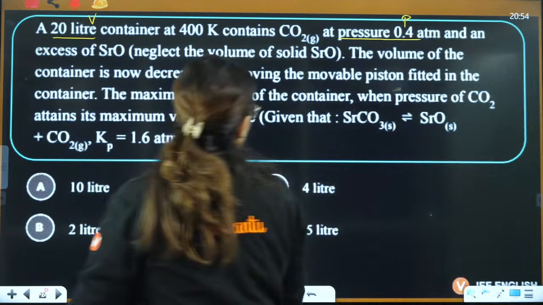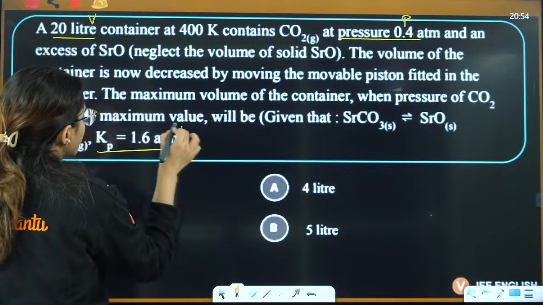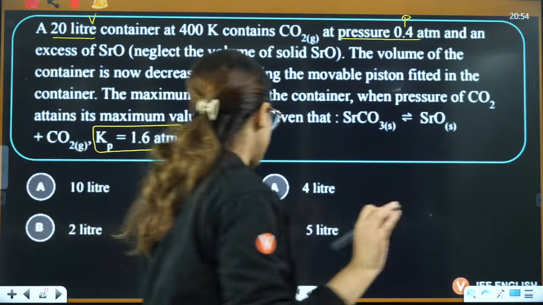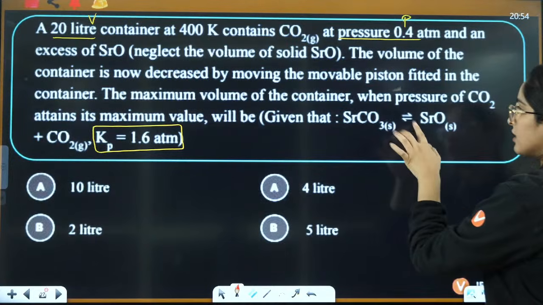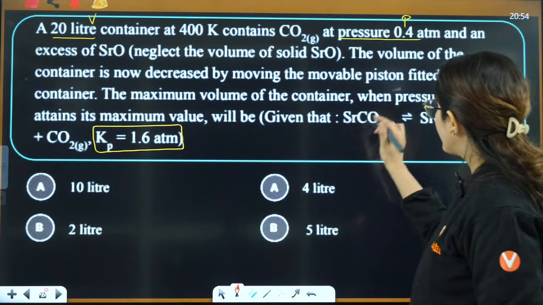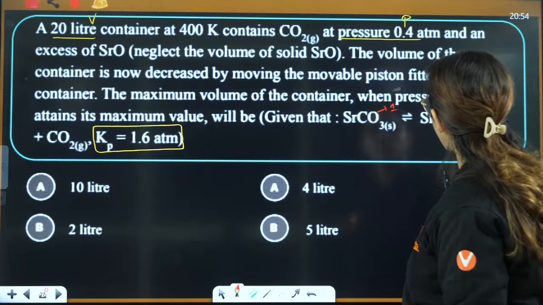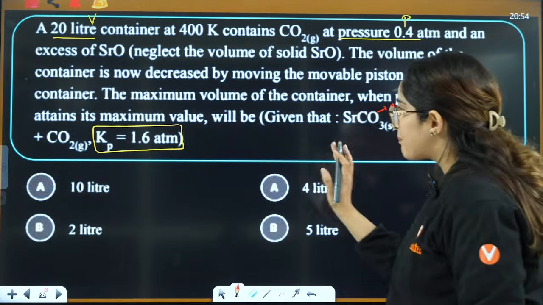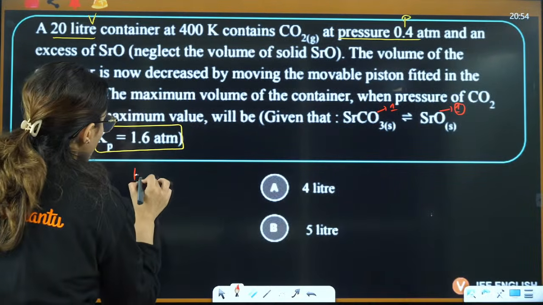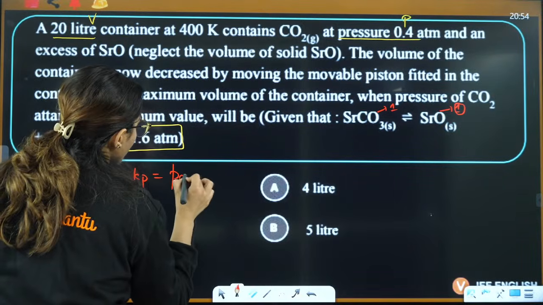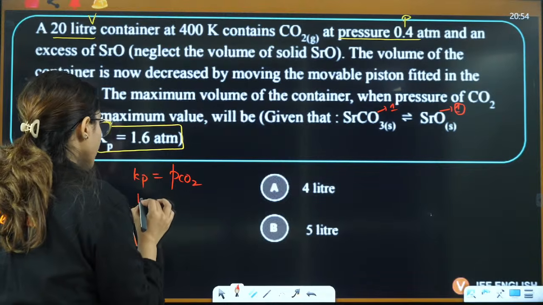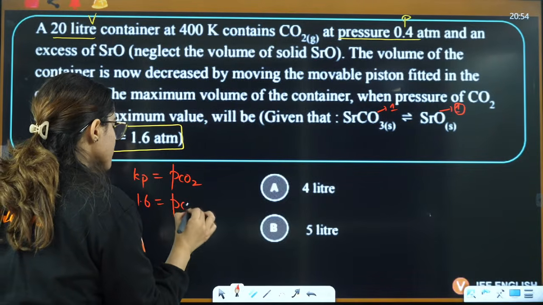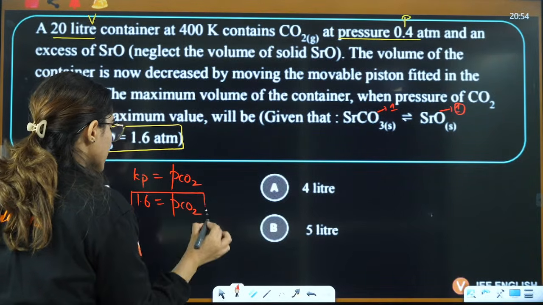Now, if you see, the Kp value is given to you here. It's a very simple question. If you see here, this is the reaction. Here, solid is 1. This is also 1. That means the Kp value is actually equal to only the pressure of CO2. That means the Kp value is given to be 1.6, that means the pressure of CO2 is nothing but 1.6.